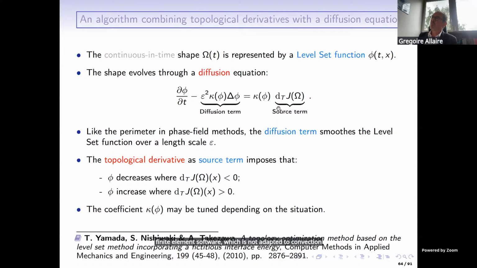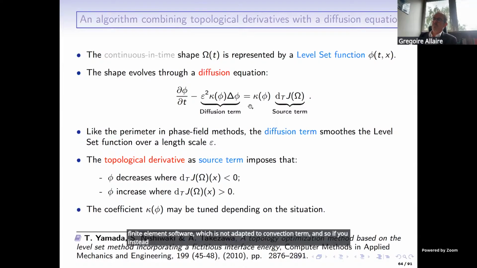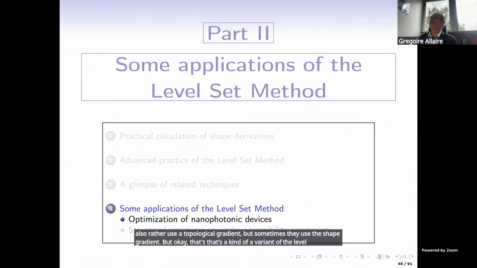And so if you instead use a reaction diffusion term where the reaction term is nonlinear, you may have an advection term that appears in the limit. And then they also rather use a topological gradient, but sometimes they use the shape gradient. But okay, that's a variant of the level set approximation.